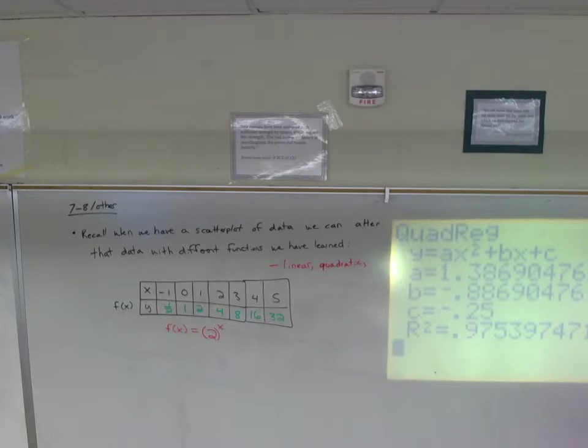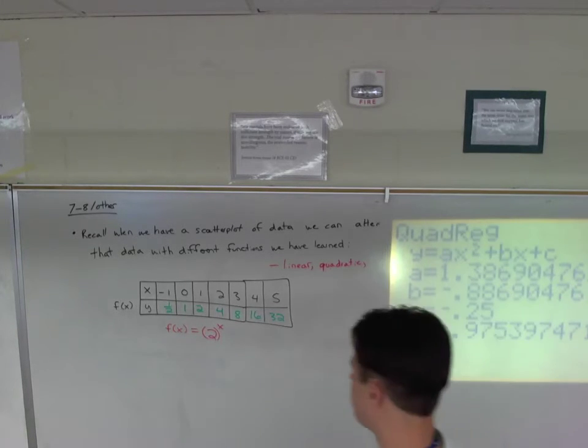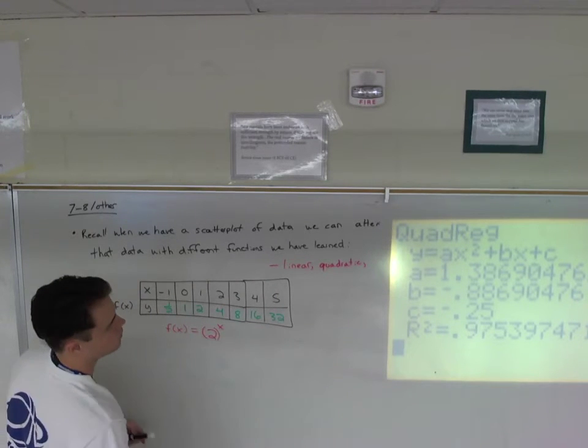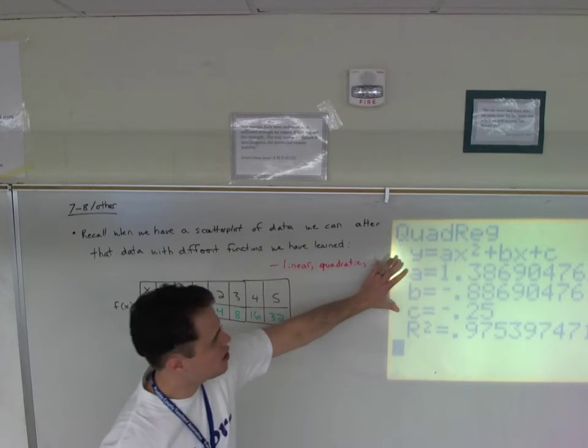Shows up like this. It's fine, just tell it calculate. It says list 1, list 2. If you have a newer calculator, you might just have to scroll down to calculate.